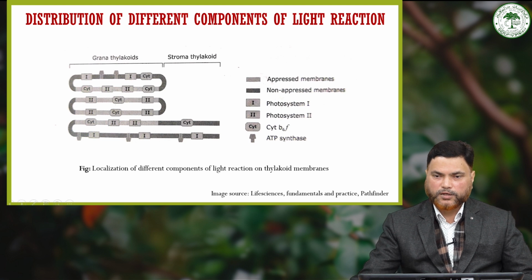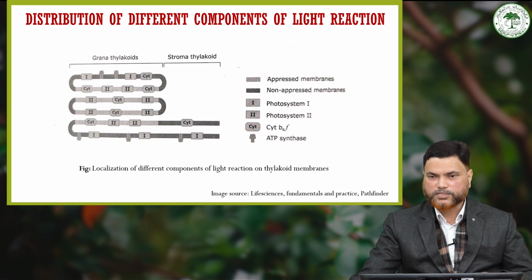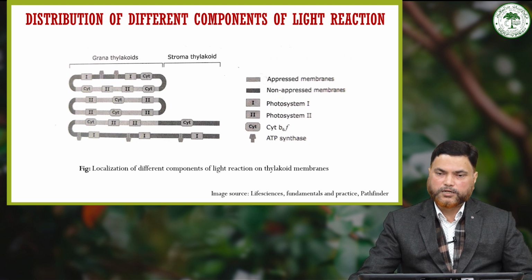What is the motive of this compaction in the appressed region? It keeps the thylakoid membranes in close proximity and facilitates efficient transfer of electrons between photosystems and enhances the efficiency of ATP and NADPH synthesis during photosynthesis.